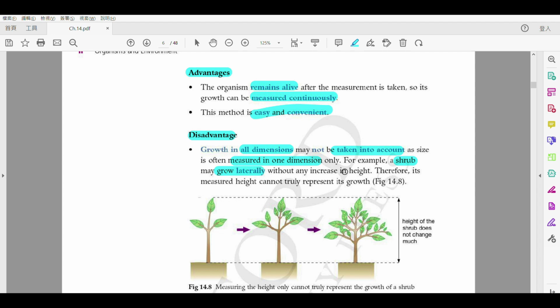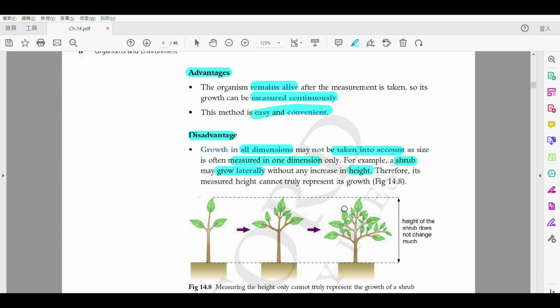Therefore, if we are measuring the height of this bush, then we may think that this shrub has not grown at all. But that is wrong as well. Therefore, we need to be careful when we choose which parameter to measure. But then you may have this question: why don't we measure the width, or how laterally grown the plant is?